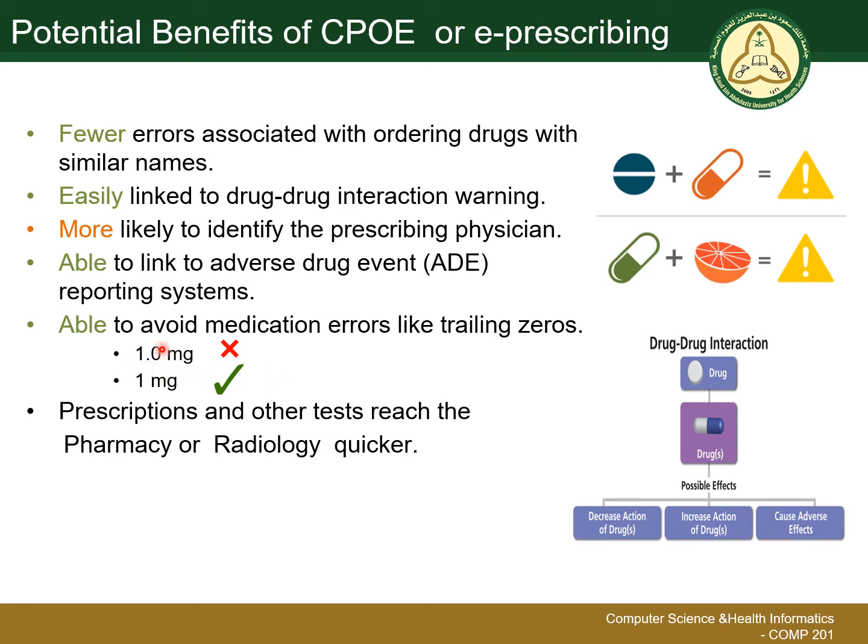The decimal point and the zero can be confusing. Some pharmacists can read it as 10 milligrams instead of 1 milligram. So here the system will remove the zero to overcome any confusion.